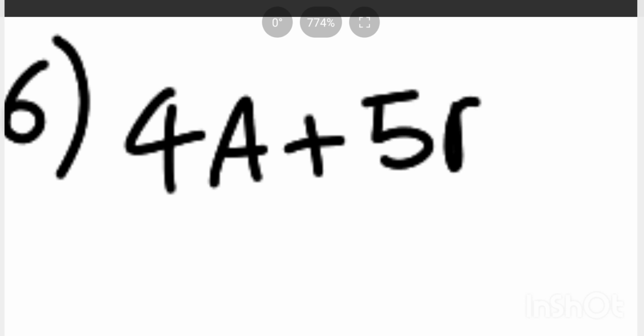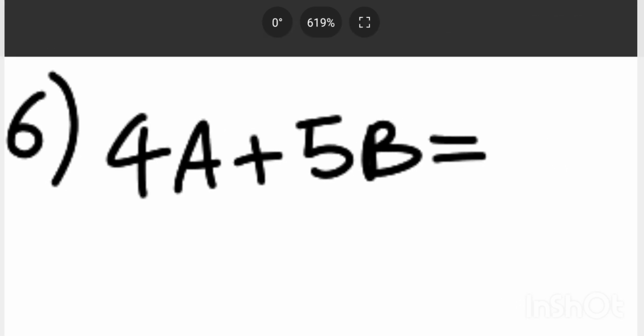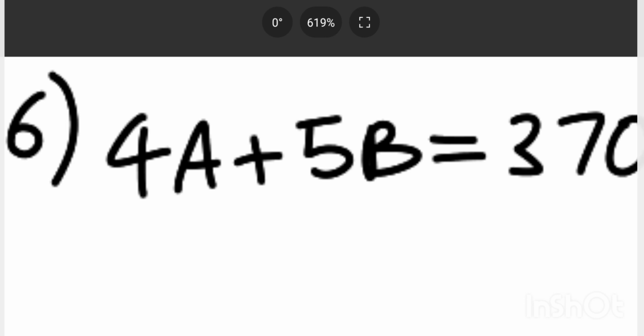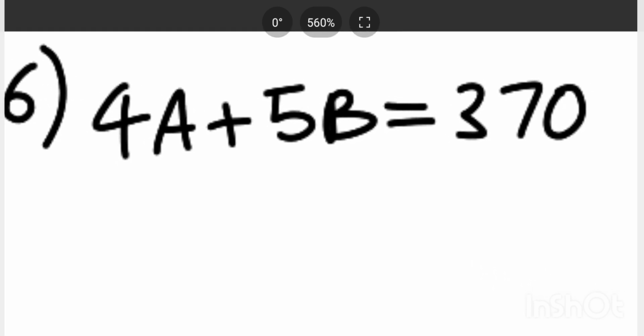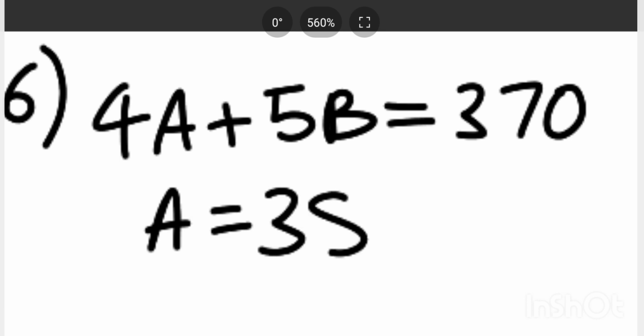So if we write this in algebraic terms, say A represents an apple and B represents a banana, then we can write the first part as 4A plus 5B equals 370, and we're converting this into pence because the question wants us to work out the cost in pence. Each apple costs 35 pence, so we just need to substitute this into the equation.